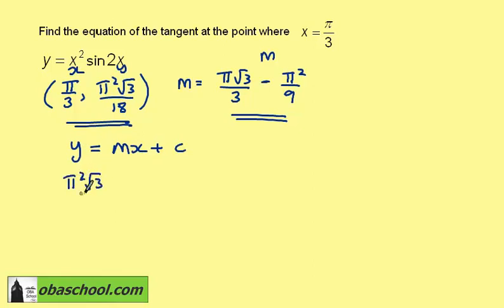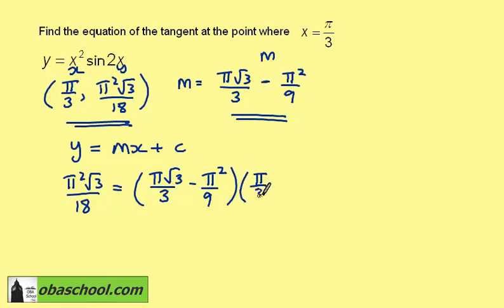So we get π squared root 3 over 18 is equal to (π root 3 over 3, take away π squared over 9) times π/3 plus c.